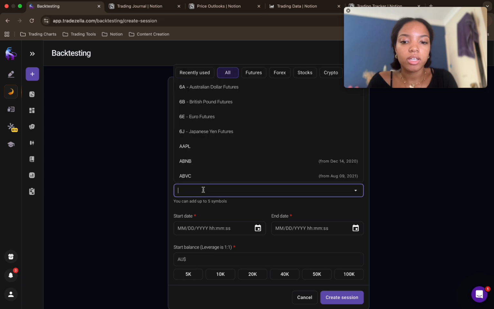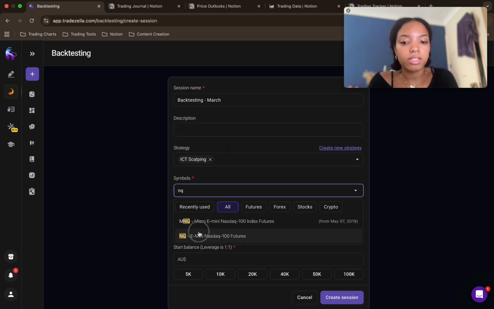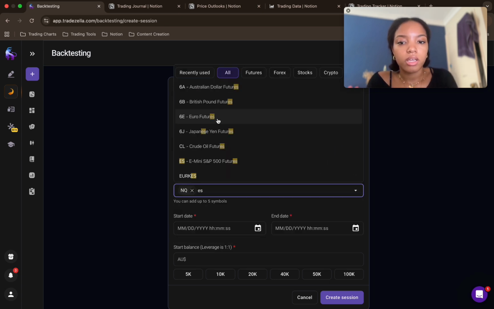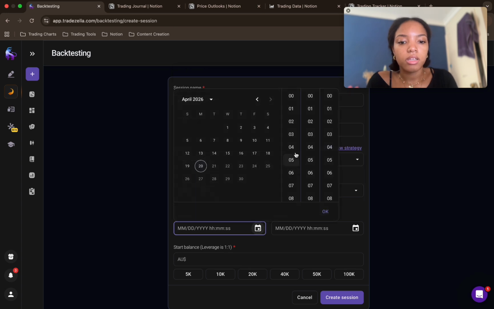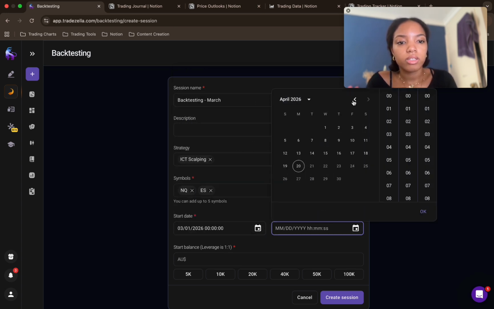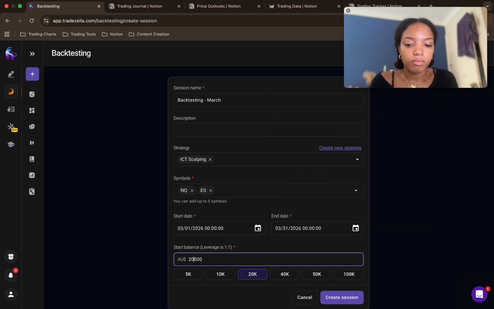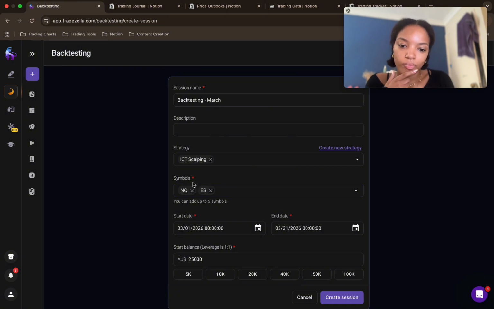Strategy is this strategy here, so that will tweak all of the stats to be that strategy. ES here, and then March. So I'm going to do this as if we're on a 25k account. No, we'll do this as if we're on a 50k account.